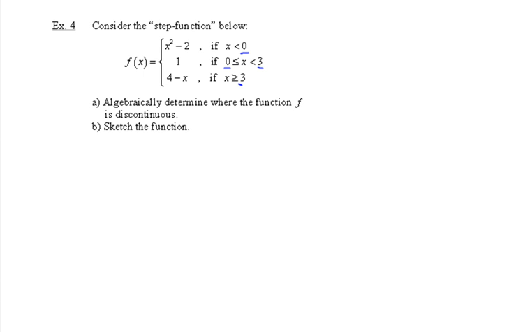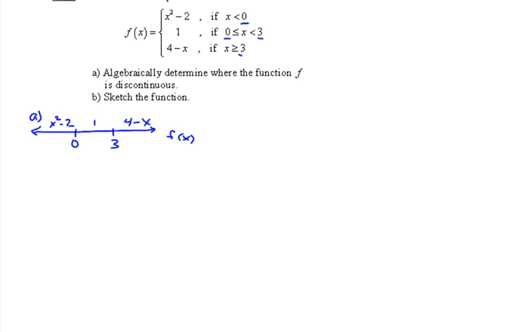Okay, so part A, algebraically. If this is f of x, there are places where it's changing. When x is less than 0, it's the equation x squared minus 2. Then from 0 to 3, it's y equals 1. And then 4 minus x. Those are the equations for the graph between those parts. We can illustrate it on a one-dimensional line to see how it's changing.